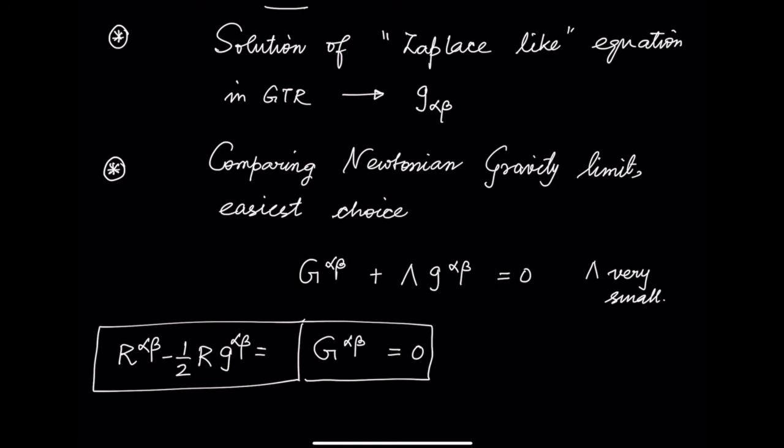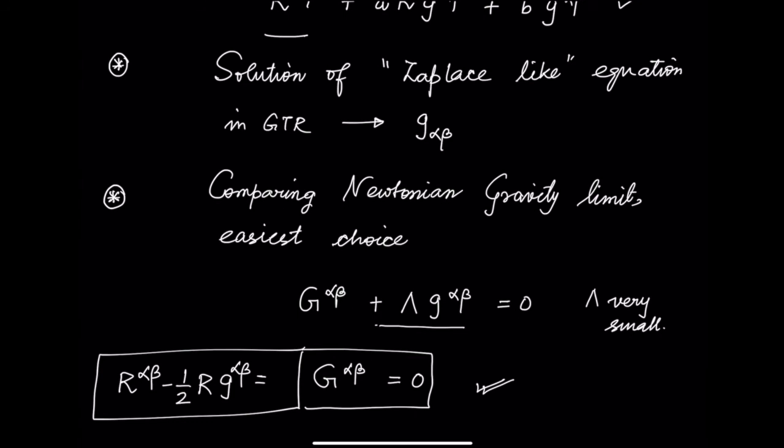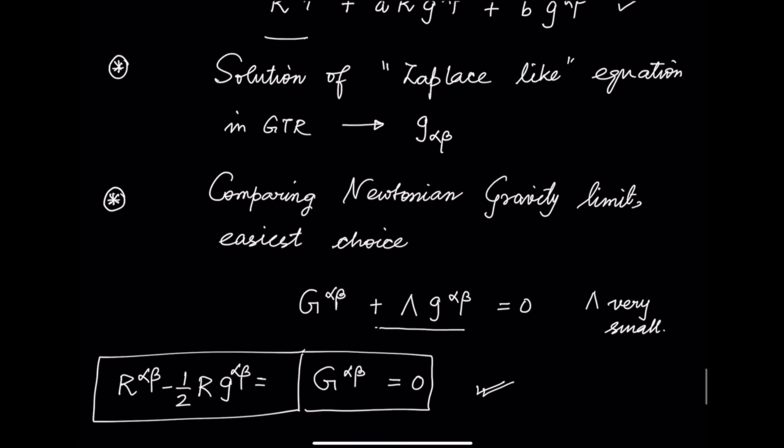The lambda, we will discuss why I have written a plus lambda here. Comparing with Newtonian gravity, we get only this. So G alpha beta, which has the Ricci tensor and Ricci scalar both, has second derivatives of the metric. So it's a very complicated nonlinear second order differential equation on g alpha beta.